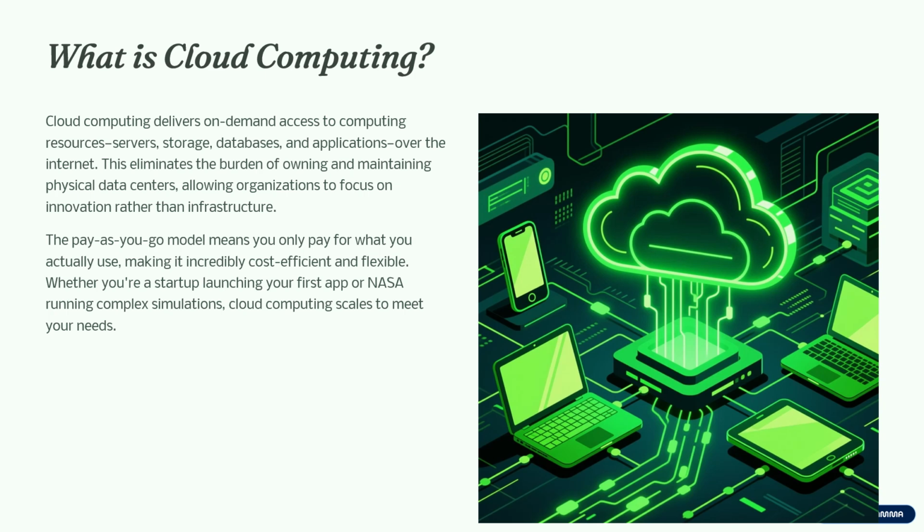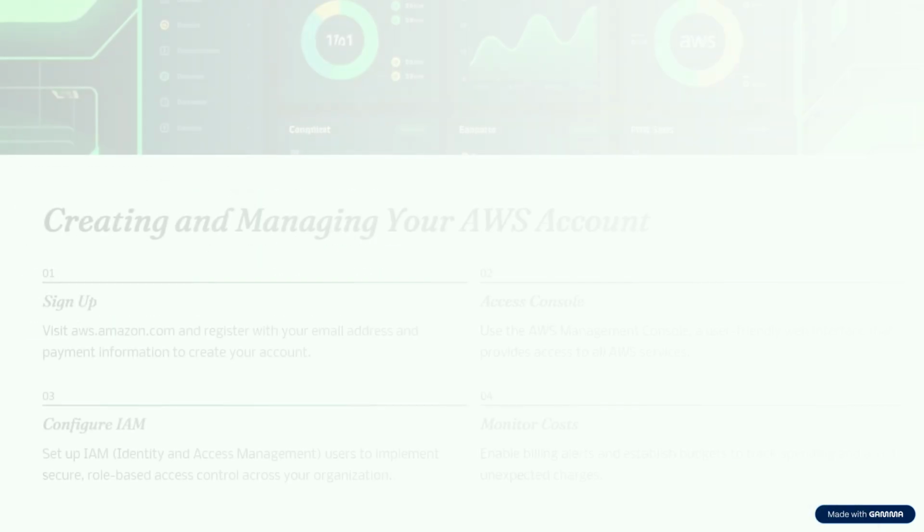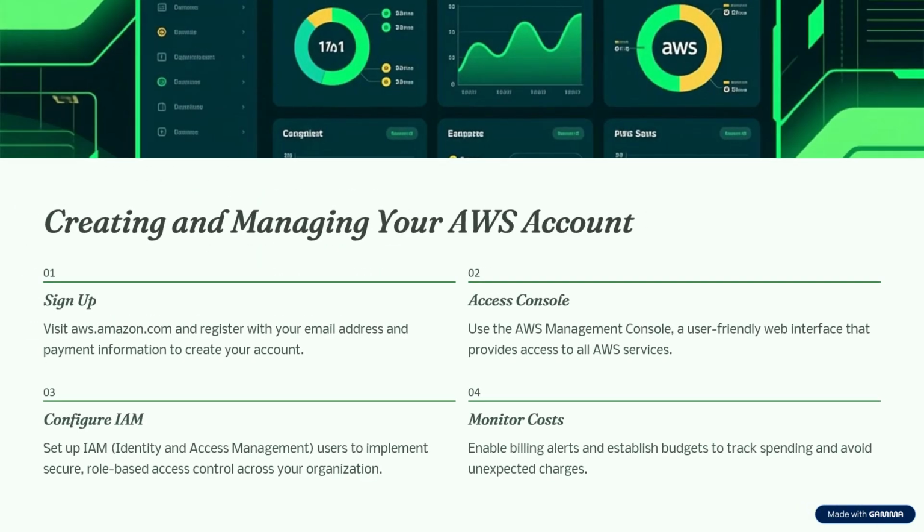Cost efficiency means there is no upfront investment, just pay monthly for usage. So, whether it's a student project or a $1 billion enterprise, cloud computing levels the playing field. Okay, now let's see how to get started with AWS.